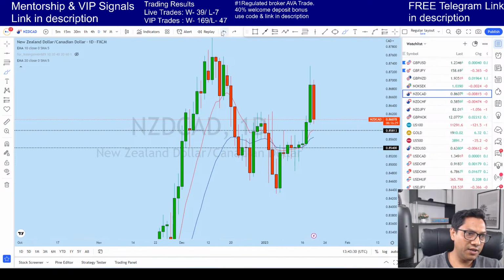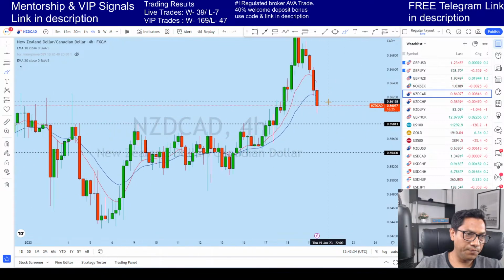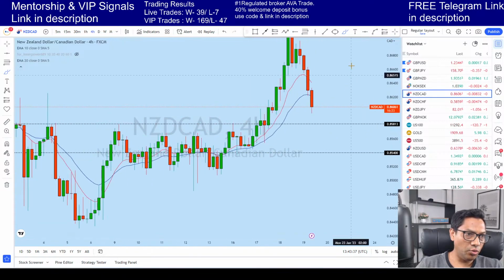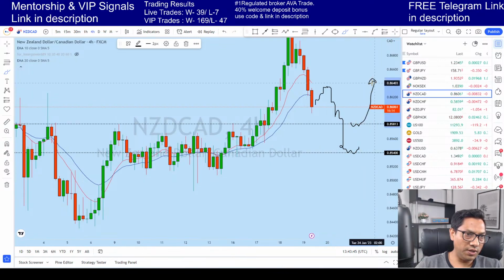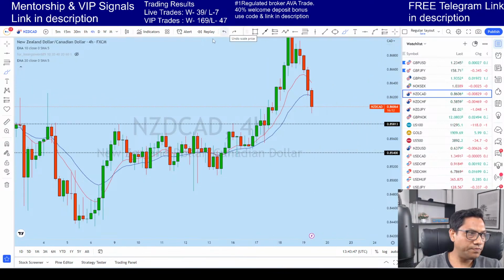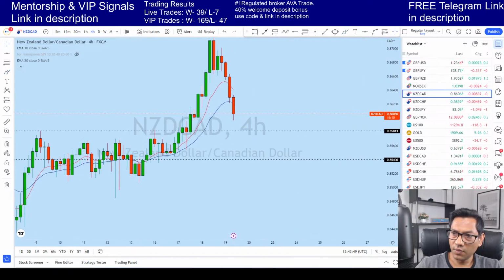So NZD-CAD is highly bearish now. To enter a trade, we need to see a suitable entry point after retracement. I think that it will come back down again to this level. From this level we might see a bullish move. NZD-CAD is bearish.